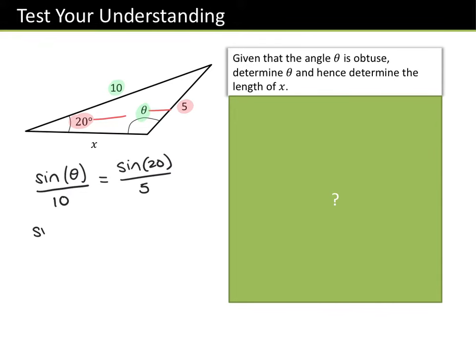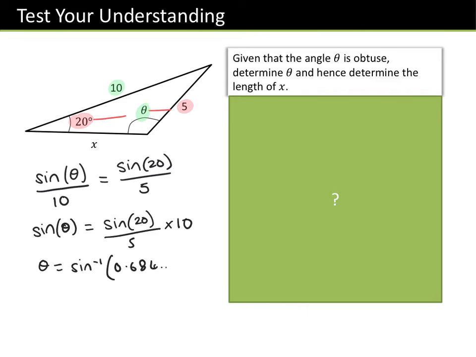I'm then going to get sine of theta equals sine of 20 over 5 multiplied by 10, which is 2 sine 20. Okay, I'm then going to get theta equals sine inverse of the answer, which is about 0.684.